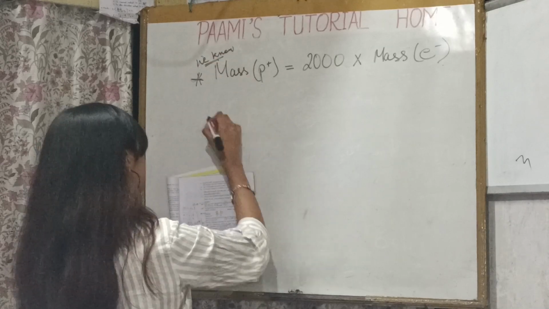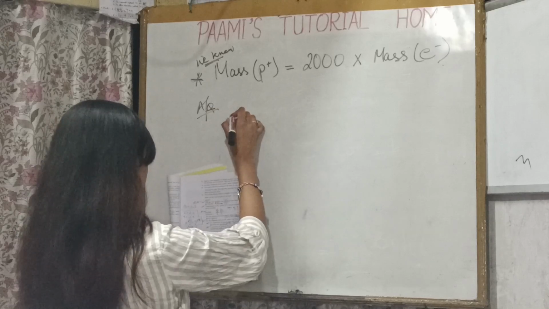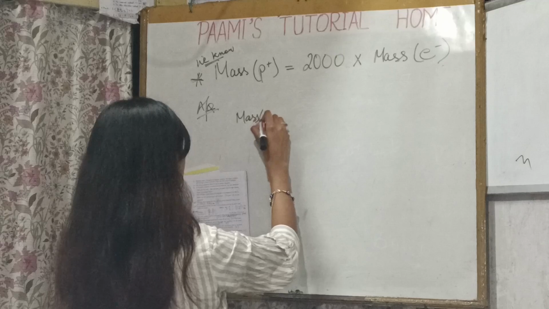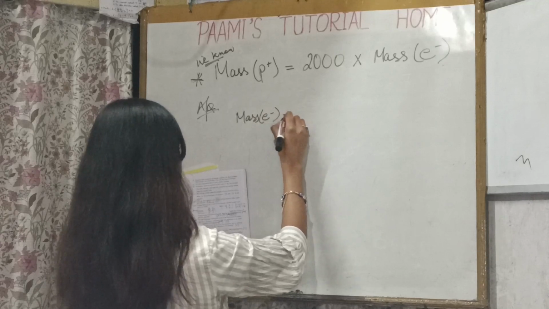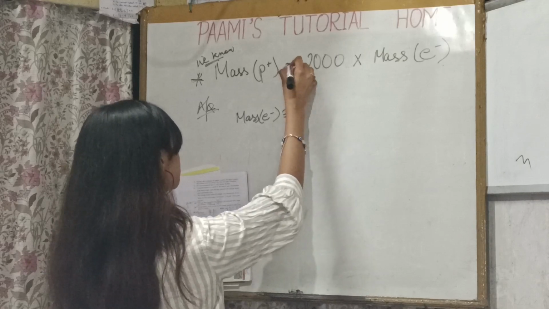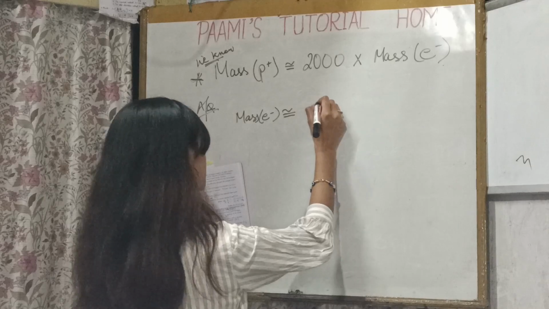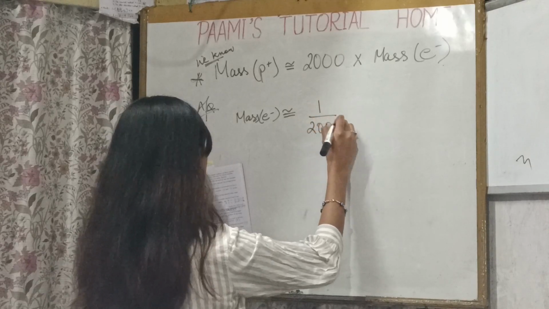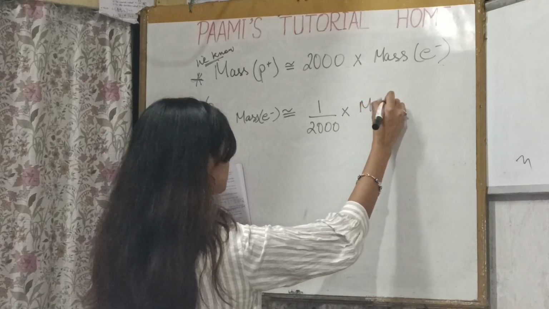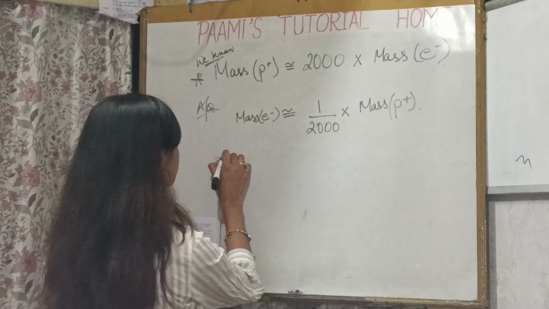Now, according to the question, the mass of an electron is about, meaning approximately, 1 by 2000 times the mass of a proton. Okay, let's simplify this equation.